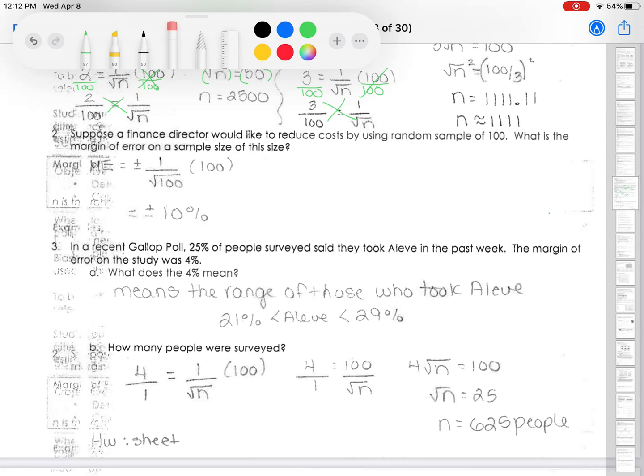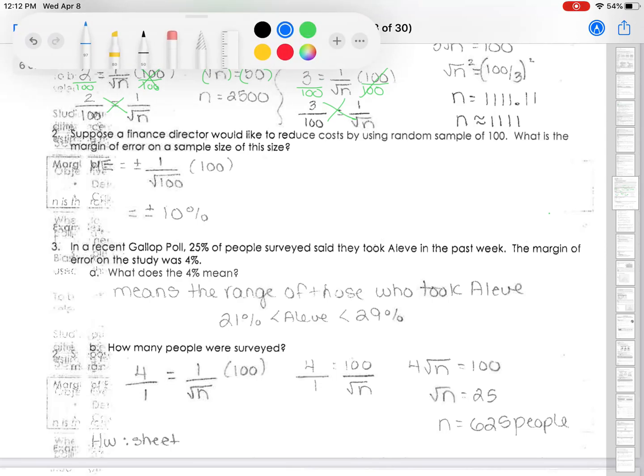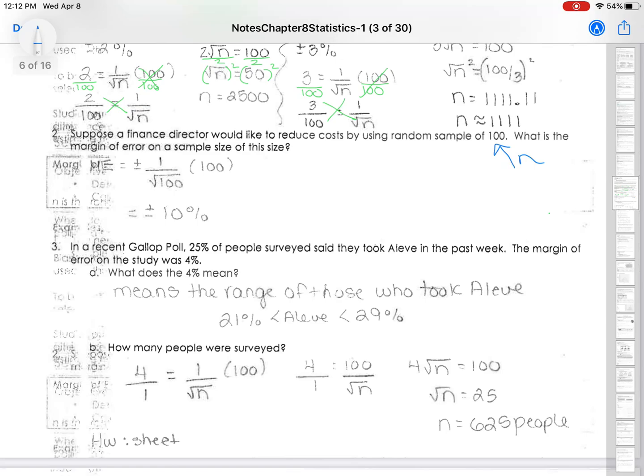All right, next one, using the same sort of notion. It says, suppose a finance director would like to reduce the cost by using a random sample of 100. The random sample is your n value. What is the margin of error? So this is using the formula.